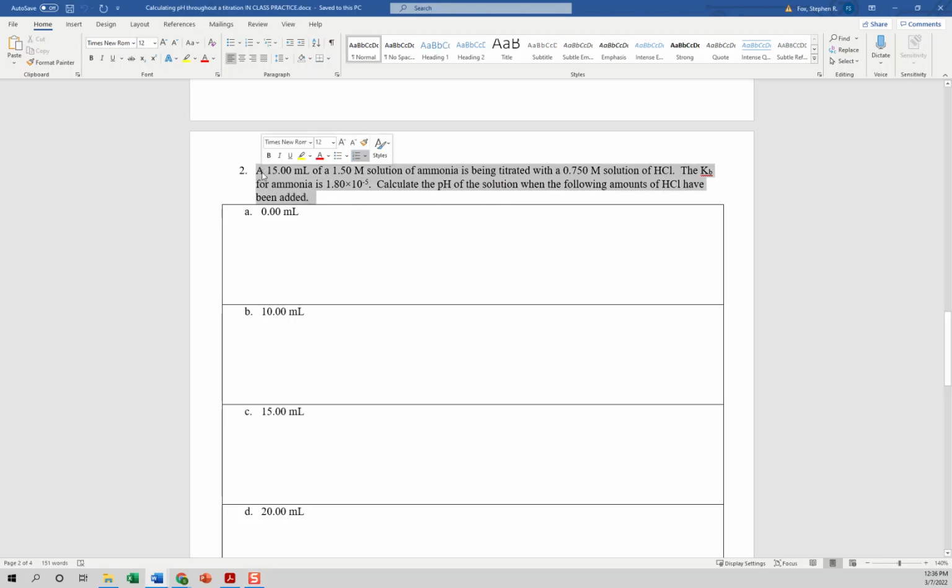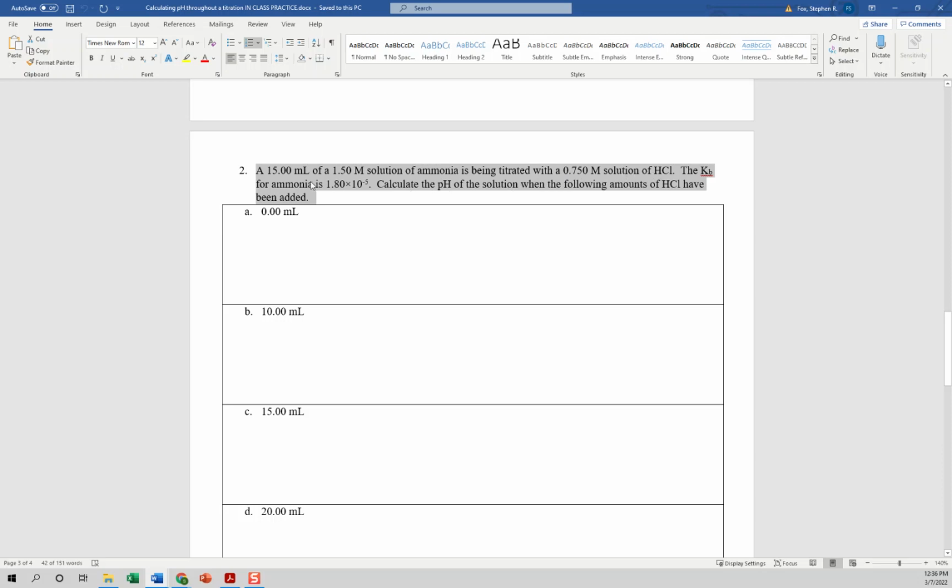And so I'm going to do a different one. But here's the scenario. We're given ammonia, which is a weak base. We know the initial volume of the solution and the molarity of the ammonia. And we're titrating it with HCl, and we're given the molarity of the HCl. So what we have to recognize is we have a weak base, ammonia in this case, being titrated by a strong acid, HCl.